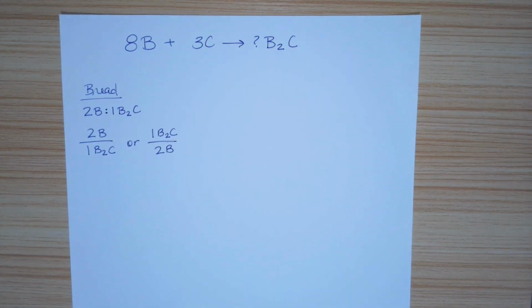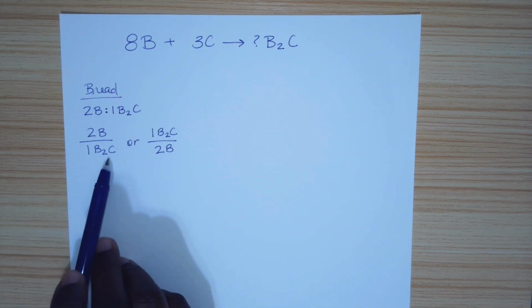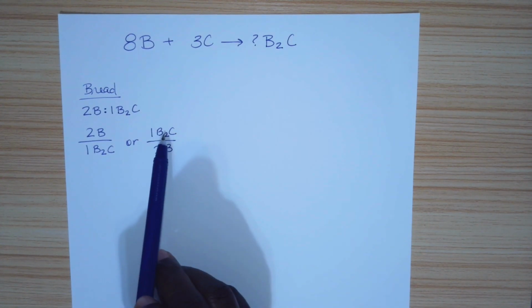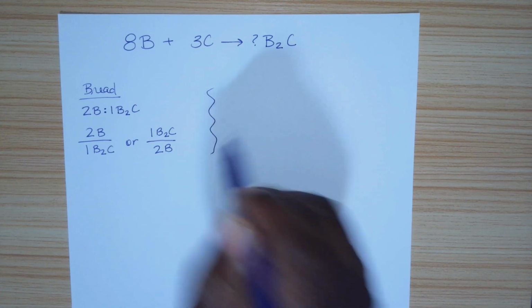So a conversion factor is basically showing you how these two things are equivalent or how they're related to one another. So in other words, for every 2 slices of bread, I can form 1 sandwich. Or for every 1 sandwich, I'll need 2 slices of bread. We can do the same thing with the cheese.